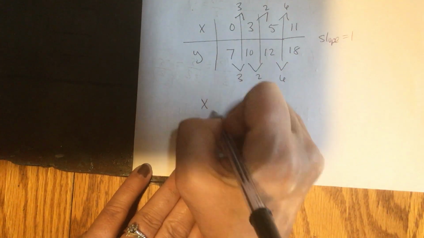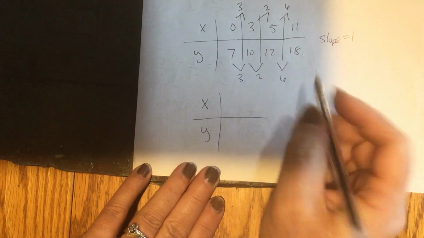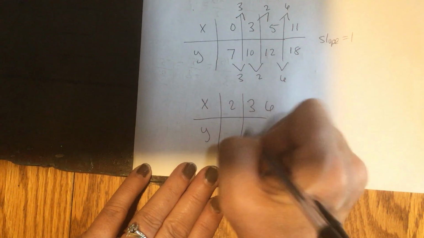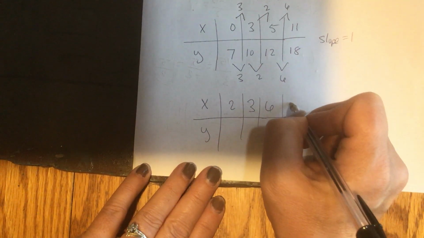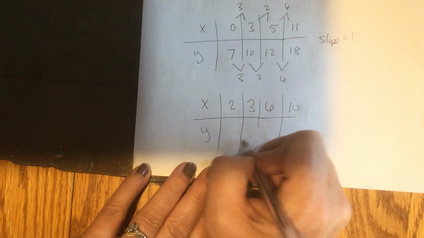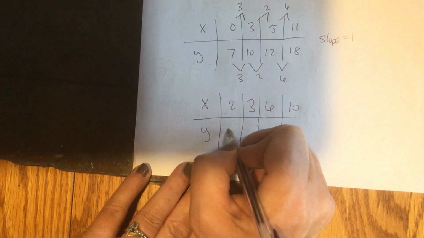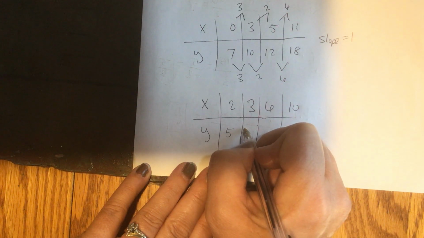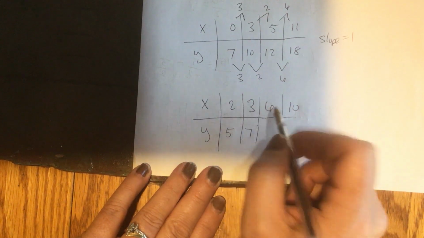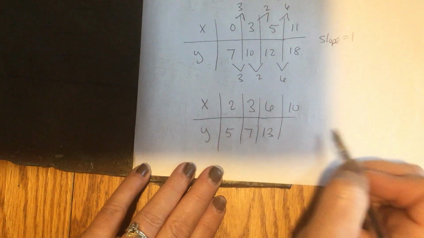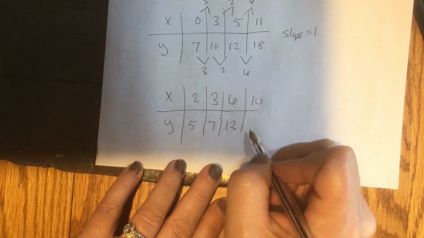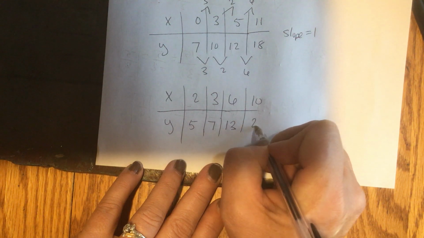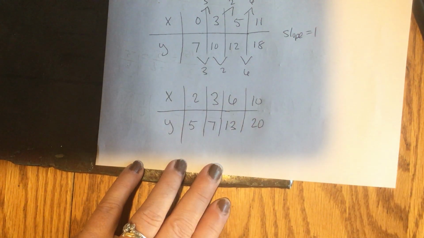If you would have something like 2, 3, 6, 10, and have, let's say 5, 7, then 13, and then let's say 20 then, okay?